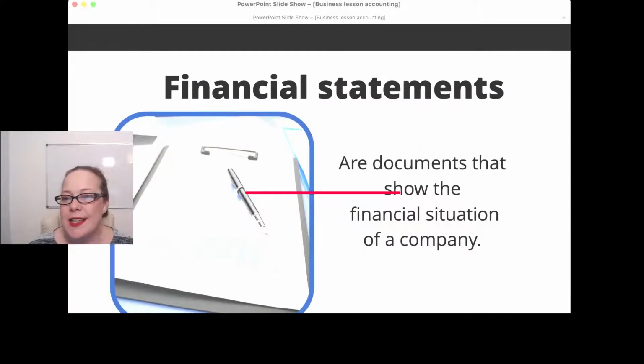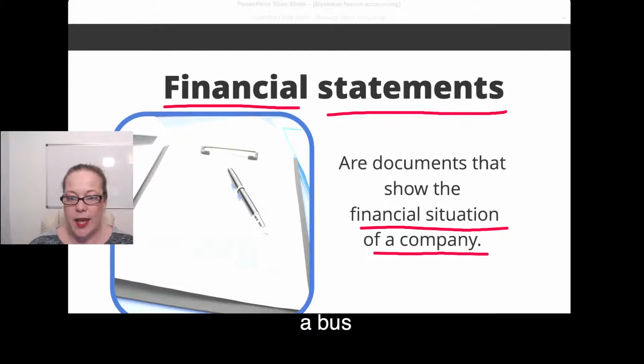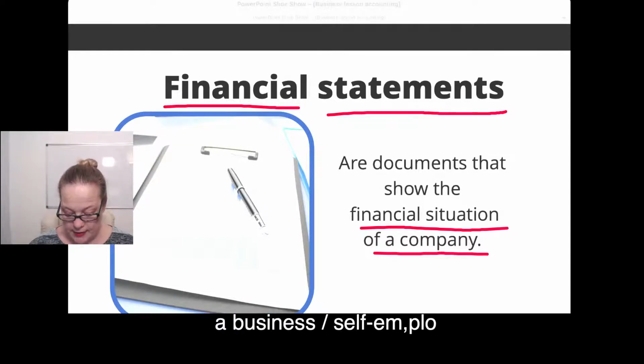So let's have a look at some of the financial statements you have to have. So what are financial statements? Financial statements are documents that show the financial situation of a company or a business, or a self-employed person.